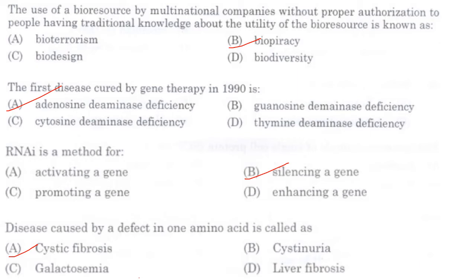And liver fibrosis is the excessive accumulation of extracellular matrix proteins including collagen that occurs in most types of chronic liver diseases. So they have asked for the disease caused by a defect in one amino acid, and the answer is cystic fibrosis due to mutation or deletion of amino acid phenylalanine at 508 position of the CFTR protein, or cystic fibrosis transmembrane conductance regulator.